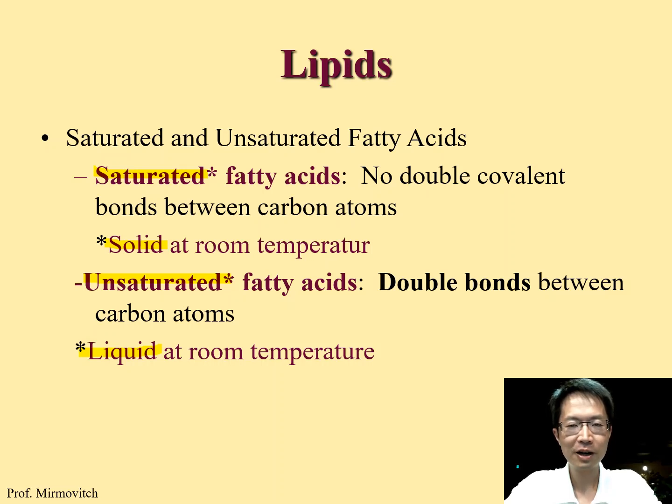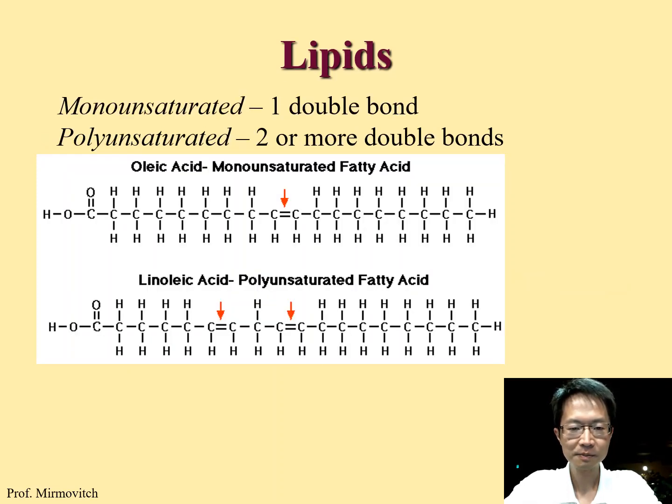That's why they are liquid at room temperature. You can see that you have one CC double bond here, but this molecule has two CC double bonds in the fatty acid. If you have one CC double bond, we call it monounsaturated. If you have two or more, we call it polyunsaturated.